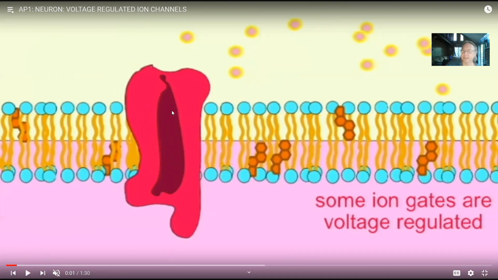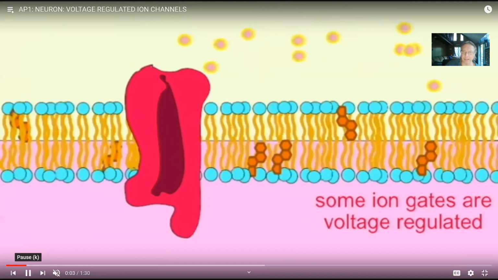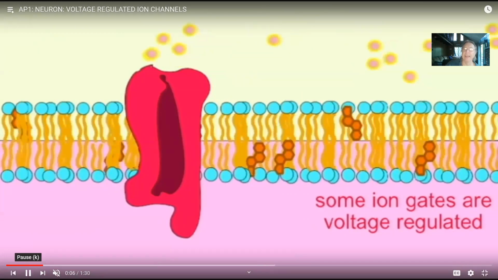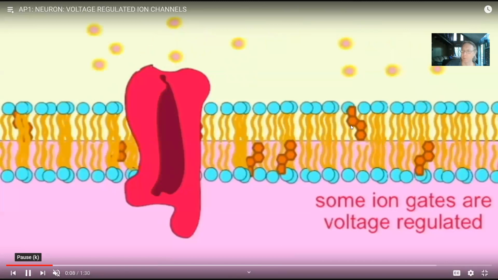And so this ion channel could let sodium pass through and allow it to go from an area of high concentration outside the cell to a lower concentration inside the cell. But right now it's closed. But what would change that is if the cell membrane were to change its voltage.